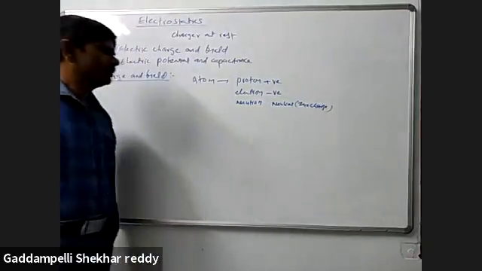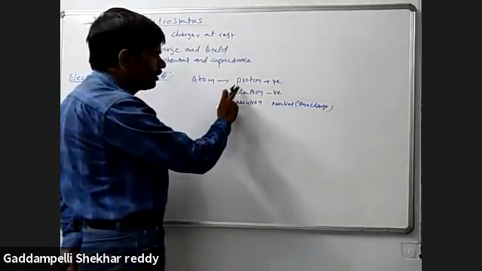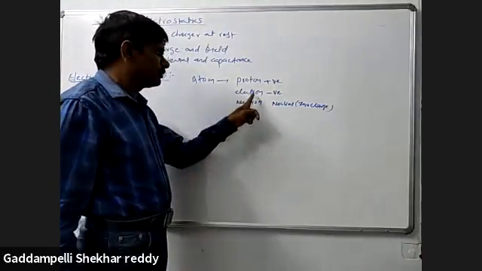So in each neutral body, the number of electrons is equal to the number of protons.